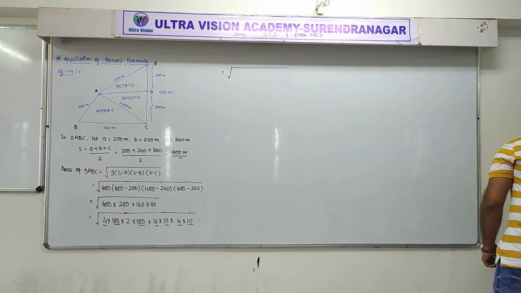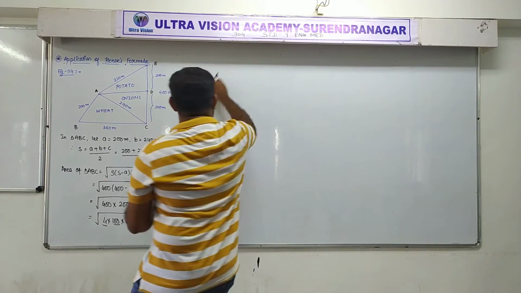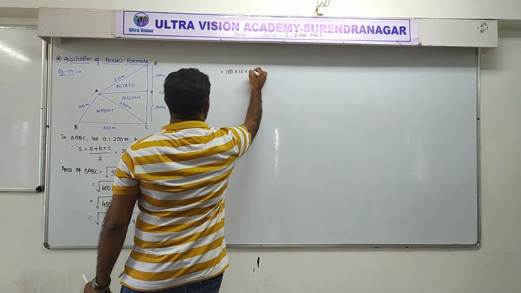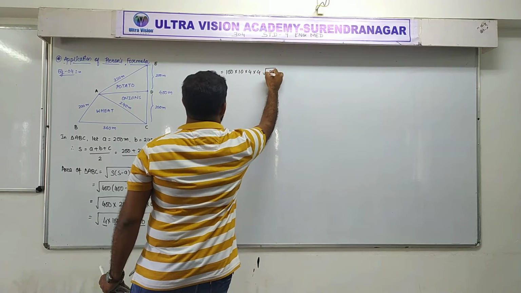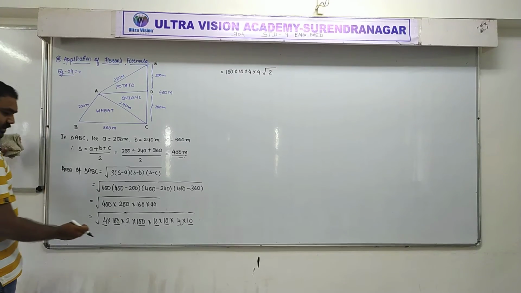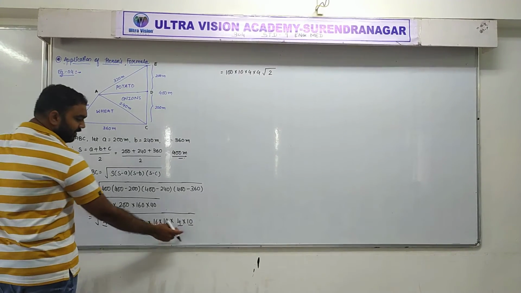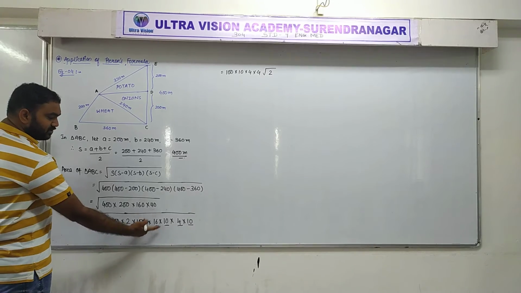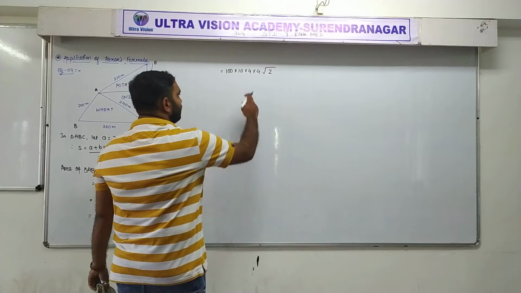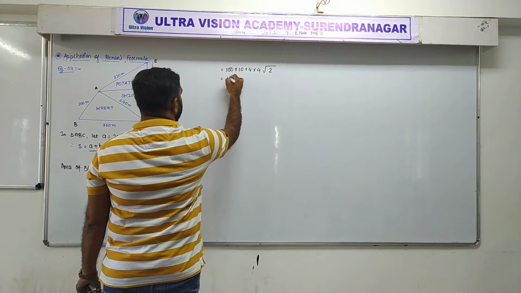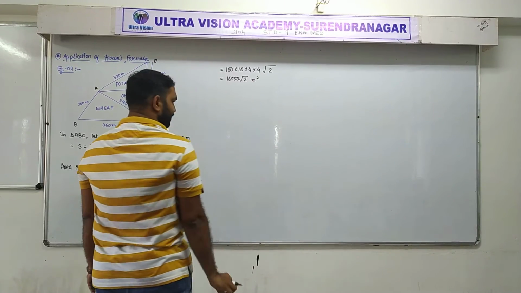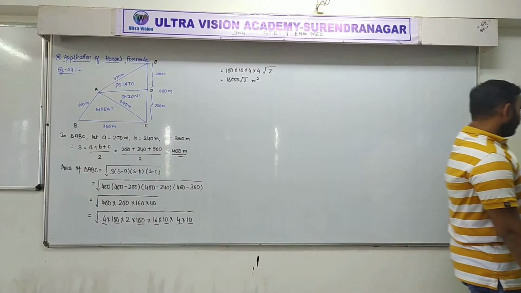That is equal to 100, 10, 4, 4 and root 2. Yes or no? Yes. Check: 100 times 100, 10 times 10, 4 times 16. 16 is again 4 square. So that is 4 for that, which is equal to 16,000 root 2 meter square.